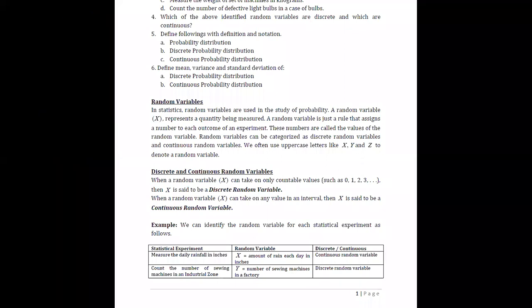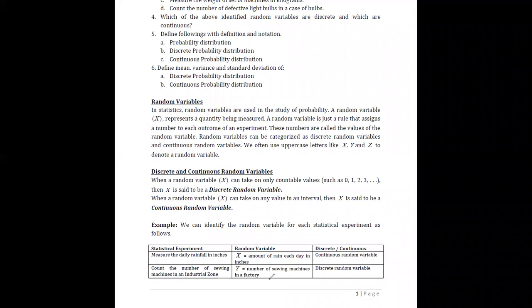If you need to identify the total number of sewing machines in the industrial zone, first we need to identify the number of machines in a factory. Therefore, you are going to count the number of machines in a factory. Here I have used the letter Y to denote the random variable, and Y is the number of sewing machines in a factory.